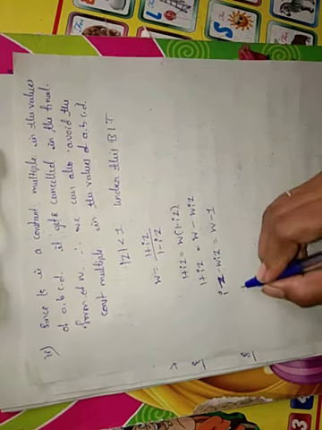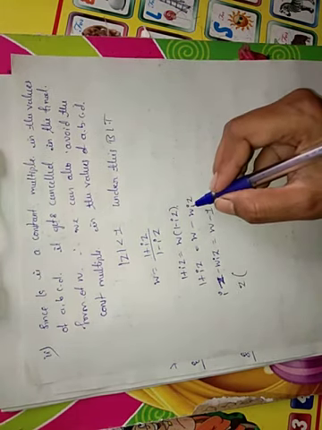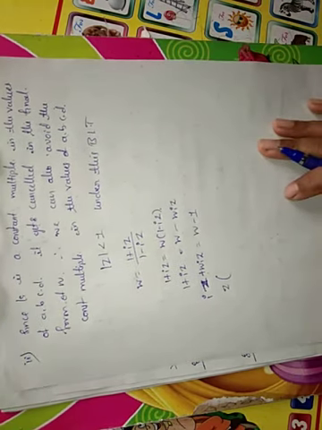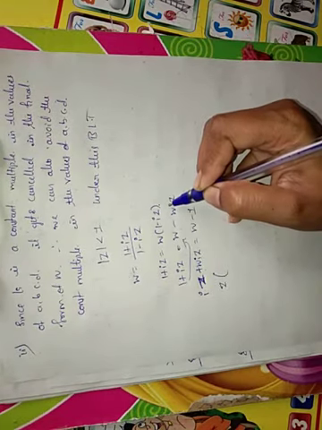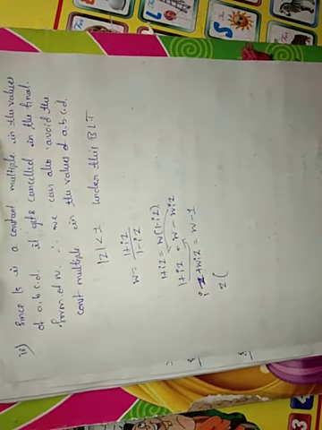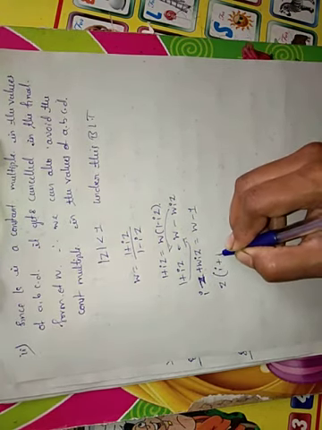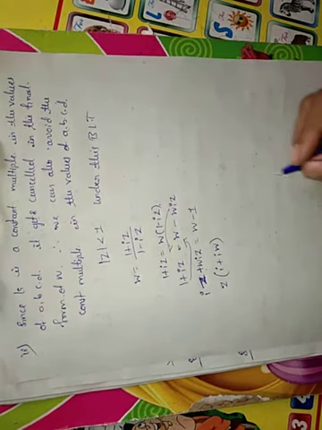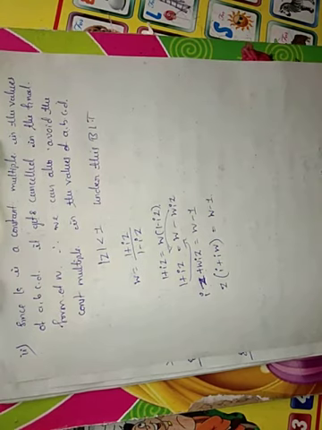Here take Z common. When this term comes onto the LHS, it becomes a plus. Now take Z common: I plus I into W is equal to W minus 1.